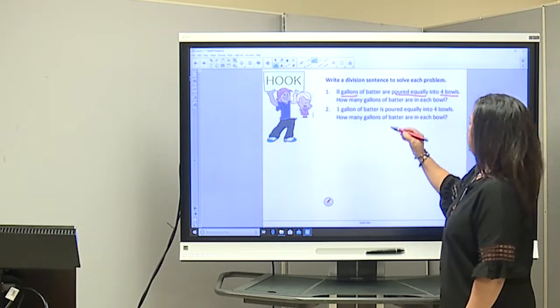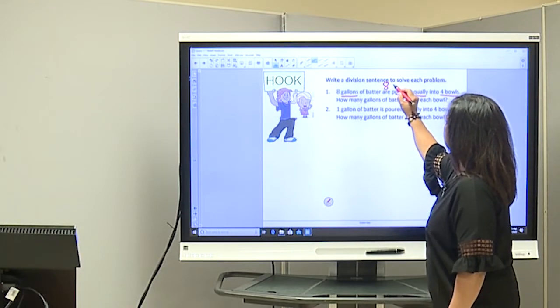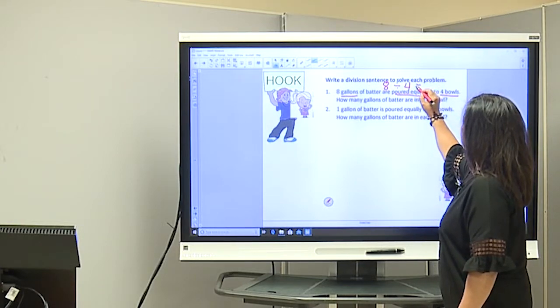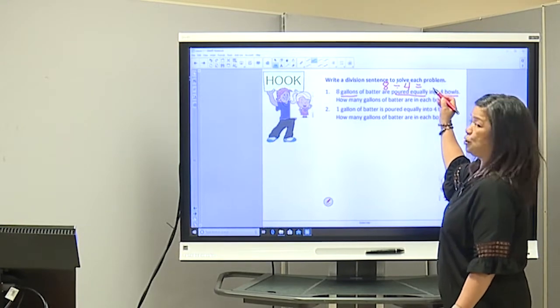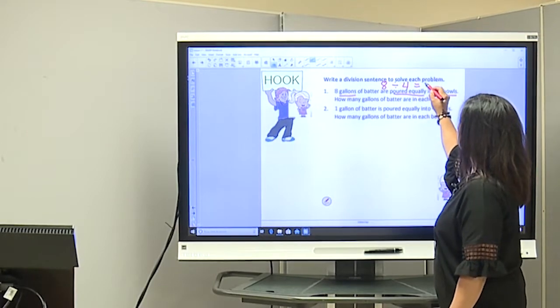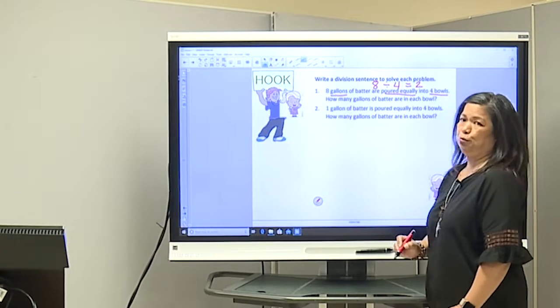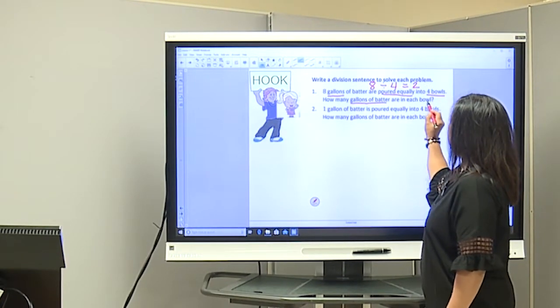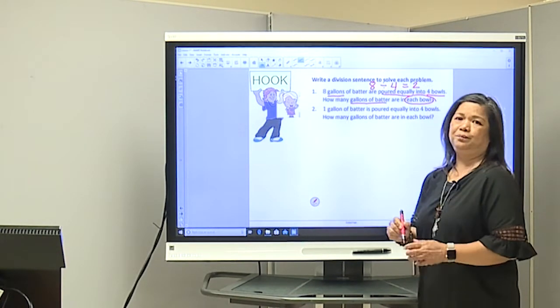That's pretty easy. That will be 8 divided by 4. To make it a number sentence, of course, we need an answer. 8 divided by 4 is 2. So what does that mean? There are 2 gallons of batter in each bowl.